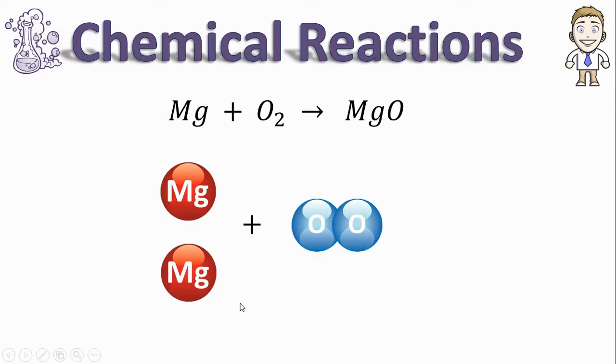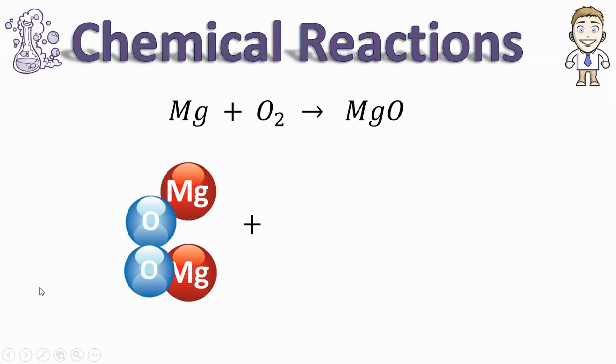You could imagine a different scenario where you've got the O2, but this time 2 separate magnesium atoms. Now, an oxygen atom has a place to go. We've made the product MgO. My second oxygen atom also now has a place to go to make a second MgO. We're still making the same product. We're just making 2 of them.